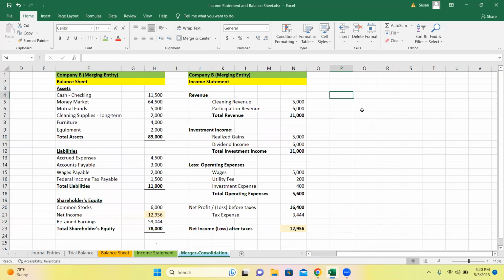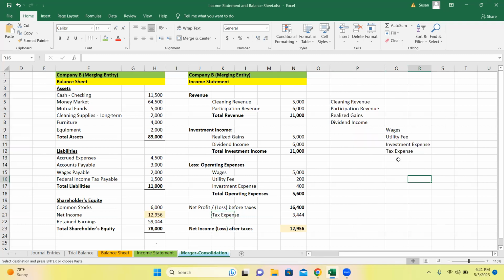For example, we have our cleaning revenue and participation revenue here, our realized gain and dividend income. So these are all the revenue items. And then you also have your expenses, wages, utility fee, investment expense, as well as tax expense, and you will close it out to retained earnings.